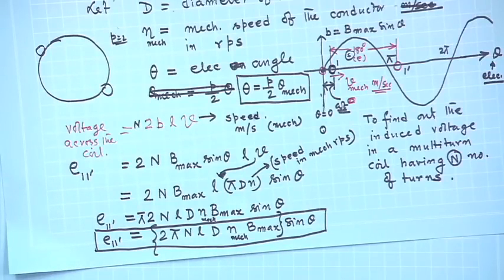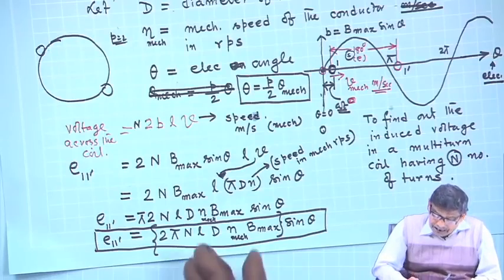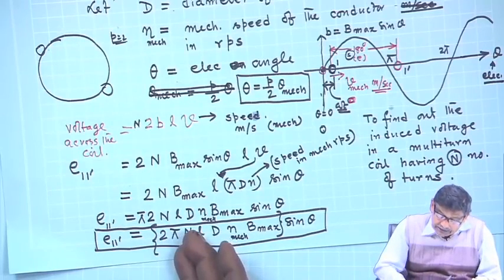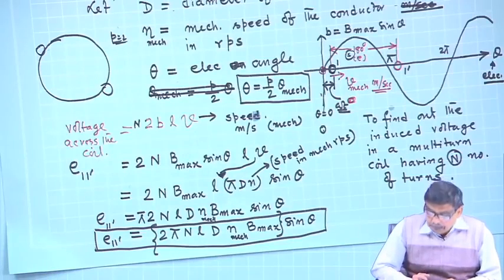But generally, people do not express the induced voltage in terms of the diameter, length of the machine, or B max. They try to express this induced voltage in terms of flux per pole.